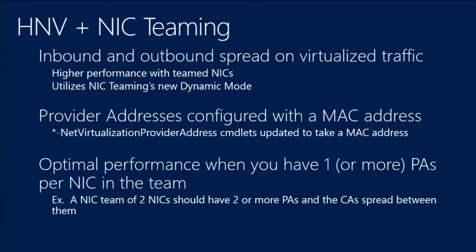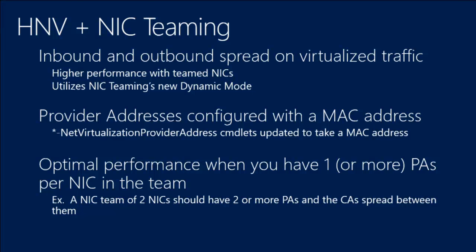Because if you remember in 2012, when you configure NIC teaming, which is a very popular feature, and also use Hyper-V, what you get from NIC teaming is only the HA, the high availability part. You don't get the load balancing part. We don't support traffic spreading.